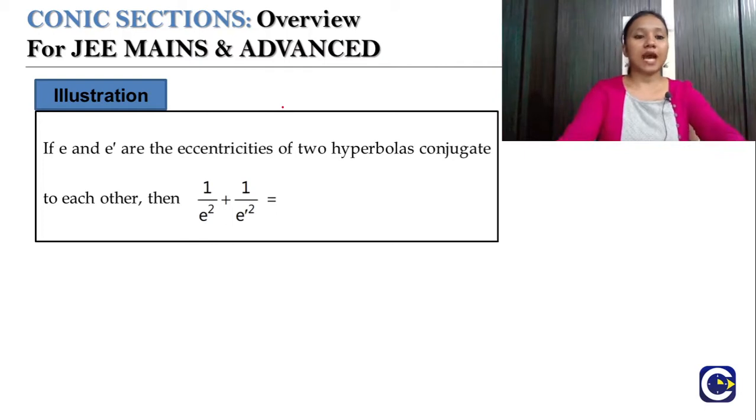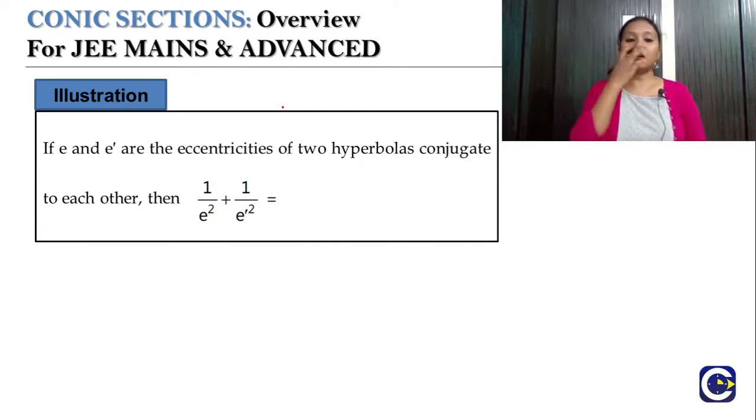Let's have a look at one more question. If e and e dash are the eccentricities of two hyperbolas conjugate to each other. Here they have given two eccentricities, e as well as e dash, of two hyperbolas conjugate to each other.